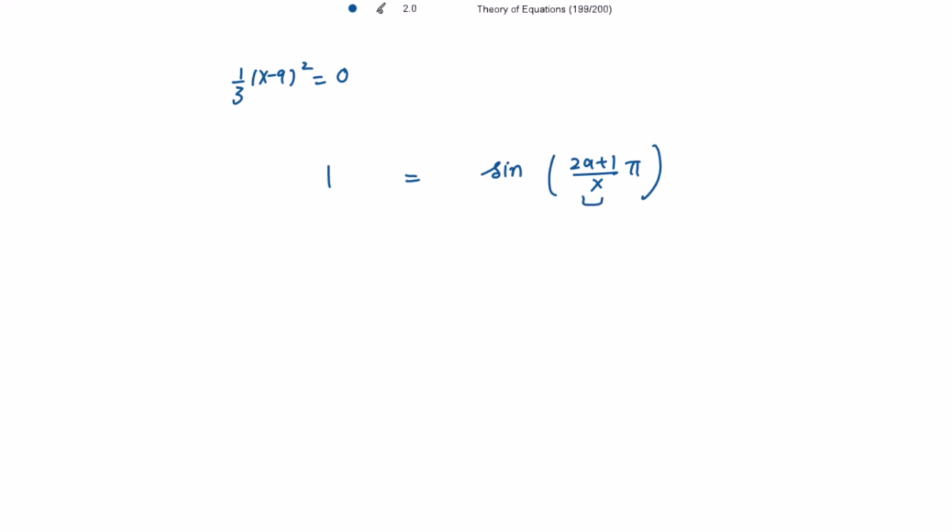Still x is there. So what could be the x? From here we get x minus 9 whole square equal to 0. That implies x minus 9 equal to 0, that is x equal to 9. So we get x to be 9 over here, right?